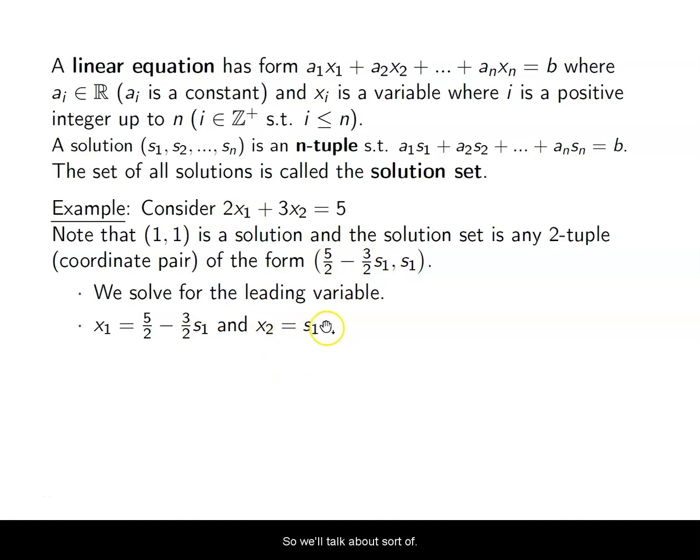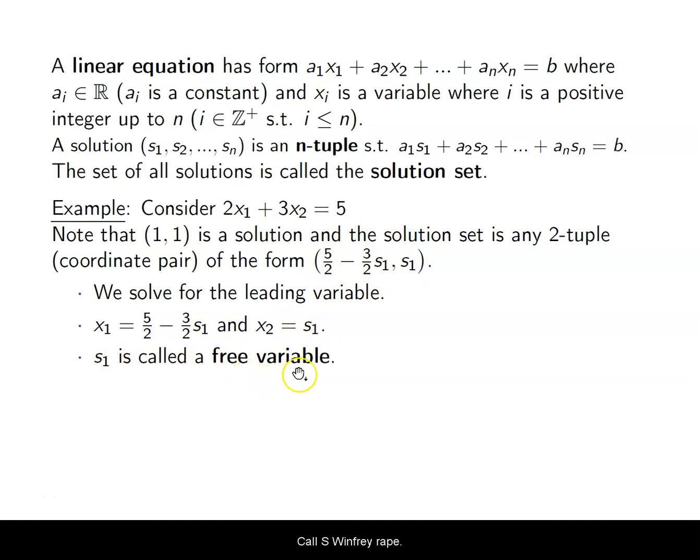We'll talk about the consensus on how to write these. It would be okay for you to write this as 5/2 minus 3/2 x2, and this as x2 as well, since x2 can be anything. It's your first variable that's going to depend on the second in this case.